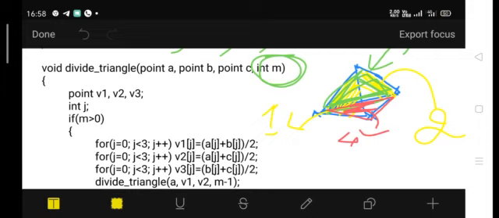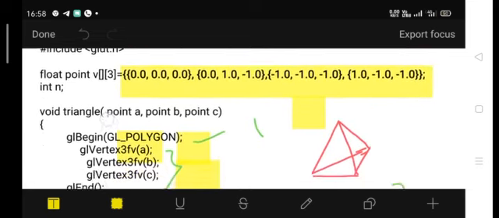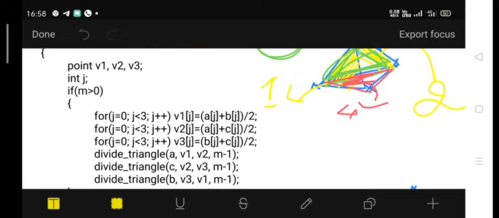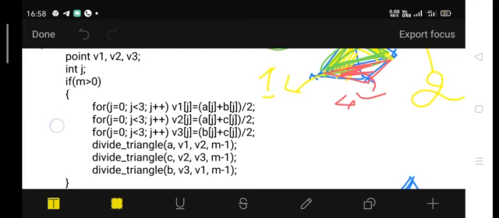Of course, point is a type we have defined above, which is of type float only. For the vertices we have named them of type point: V1, V2 and V3.